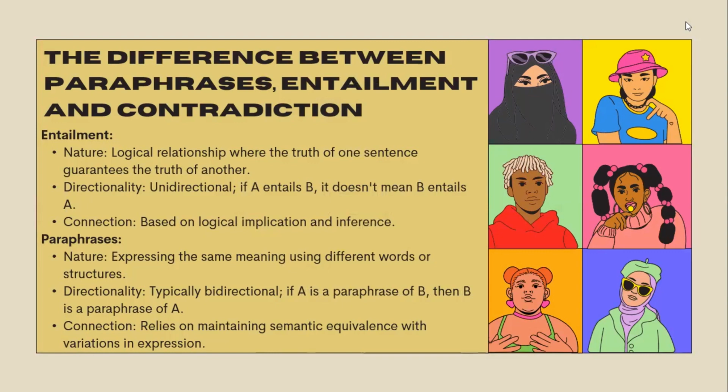Paraphrase in nature expresses the same meaning using different words or structures. Directionality is typically bidirectional. If A is a paraphrase of B, then B is a paraphrase of A. The connection relies on maintaining semantic equivalence with variations in expression.